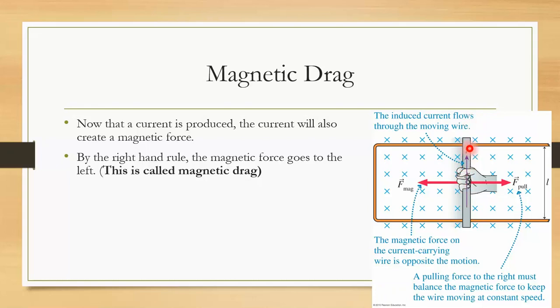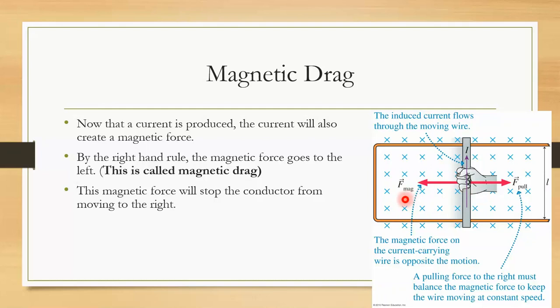B is into the paper, the direction of the magnetic field, and we end up with a force that goes to the left. This is the magnetic force that's the result of the current moving. We also call this sometimes the magnetic drag, because it's slowing down the motion of our conductor. So the magnetic force or magnetic drag is going to stop the conductor from moving to the right because we have a pull that's pulling against us.